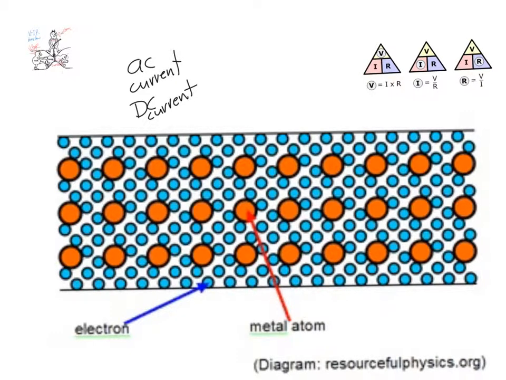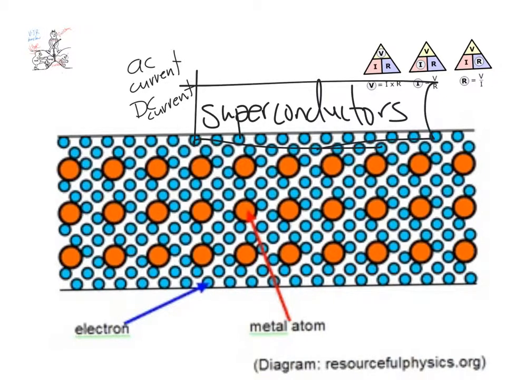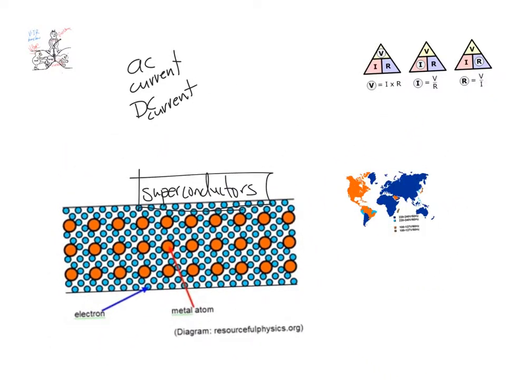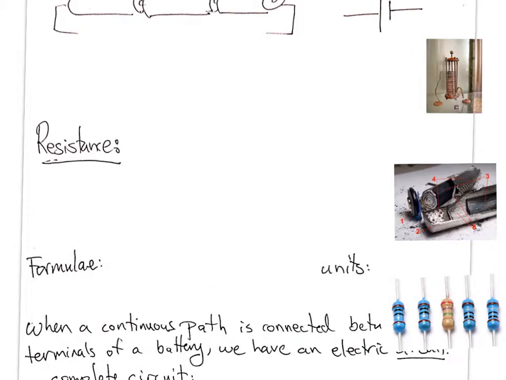So there's a whole branch of technology that looks for superconductors. If we had superconductors, a lot of technology would be possible to us, and we could also transport energy over long distances without it diminishing, and it would help our energy crisis.